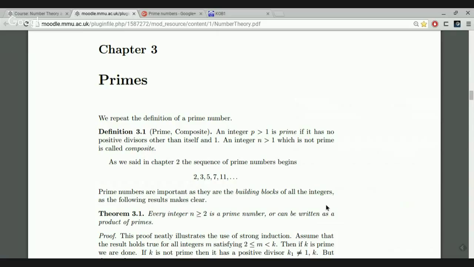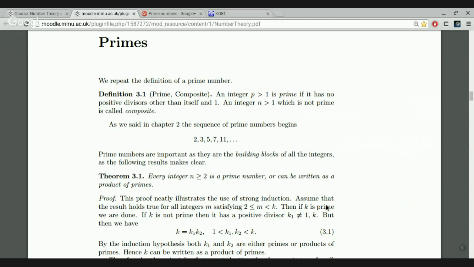So, you're all aware of the first few primes, 2, 3, 5, 7, 11, that's the start of the prime numbers, and there are plenty of them. And we're going to prove some basic facts about them today. Today we're going to prove the Fundamental Theorem of Arithmetic, which we discussed before.